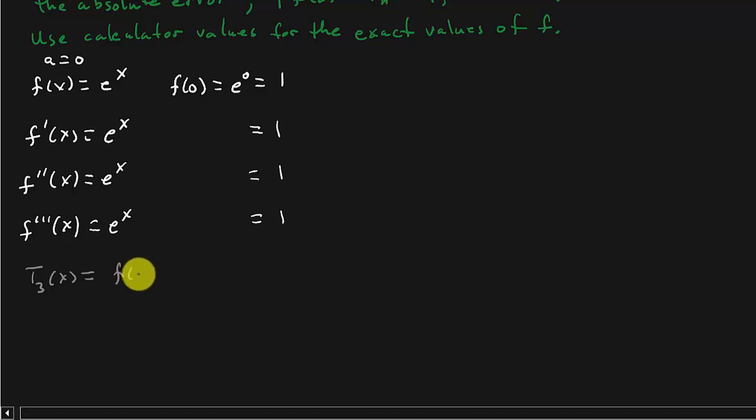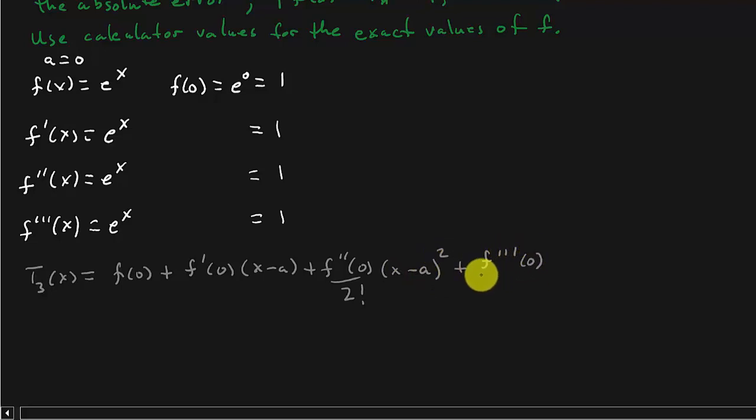So that's f of 0 plus f prime of 0 times x minus a plus f double prime of 0 over 2 factorial times x minus a squared plus f triple prime of 0 over 3 factorial times x minus a cubed.